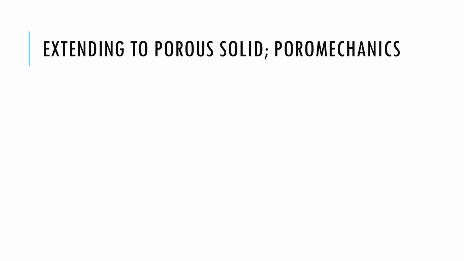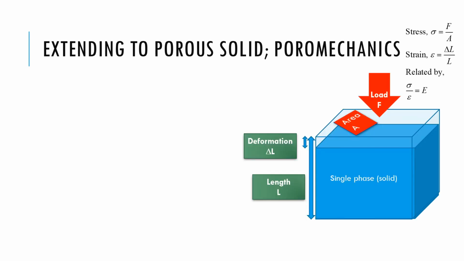Now, we saw earlier that if we have an applied load here that develops stress in the solid, those stresses are related by the equation for equilibrium that we just derived. So all this was for single phase.